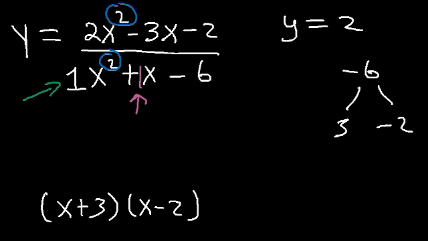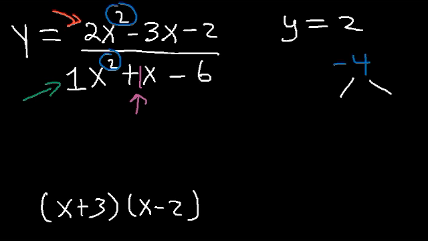Now what about the top part? 2x squared minus 3x minus 2. How can we factor that particular trinomial? It's going to be a little different. It's going to take more work because the leading coefficient is not 1. It's a 2. So here's what you need to do. Multiply the leading coefficient and the constant term. 2 times negative 2 is negative 4.